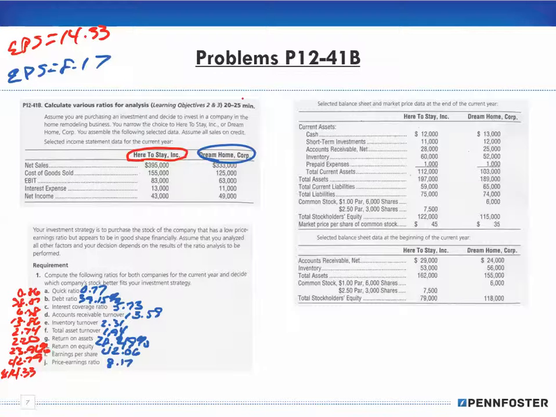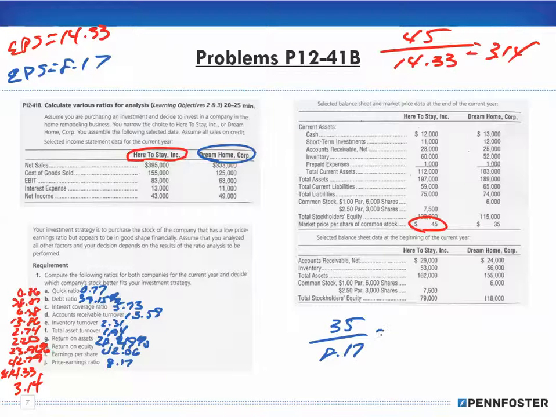Okay, so for our PE ratio, we had $45 as the market price, and that's divided by the 14.33, which gives us 3.14. And then for Dream Homes, we have 35 over the 8.17, which ends up being 4.28.